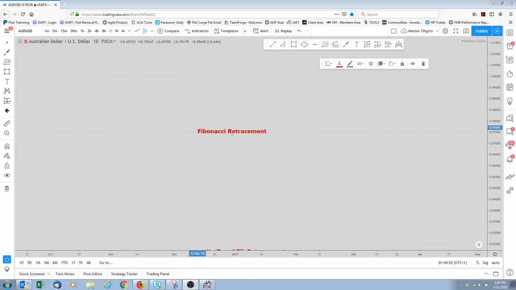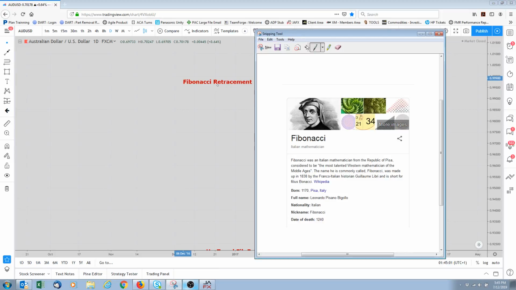Okay, today we're covering Fibonacci retracement. And what the heck is Fibonacci retracement? Well, Fibonacci is actually an Italian mathematician. Basically, there's a lot of things in life like objects, circles and patterns that use this mathematical formula, and it reoccurs in various aspects in the world.